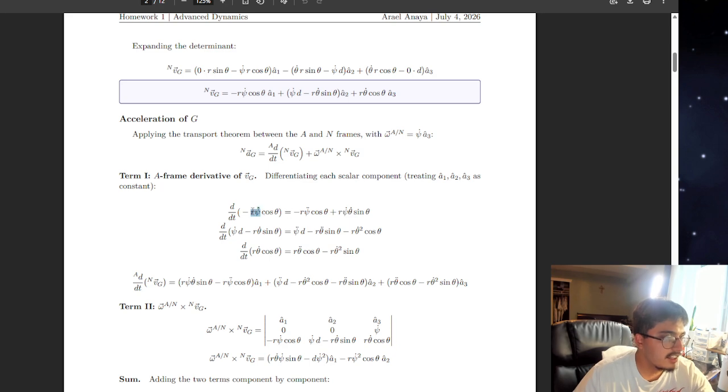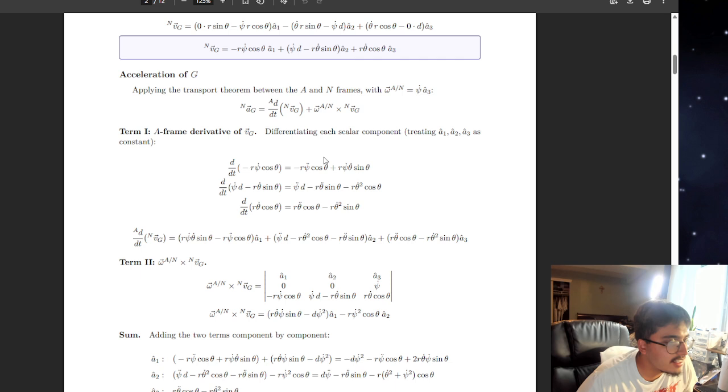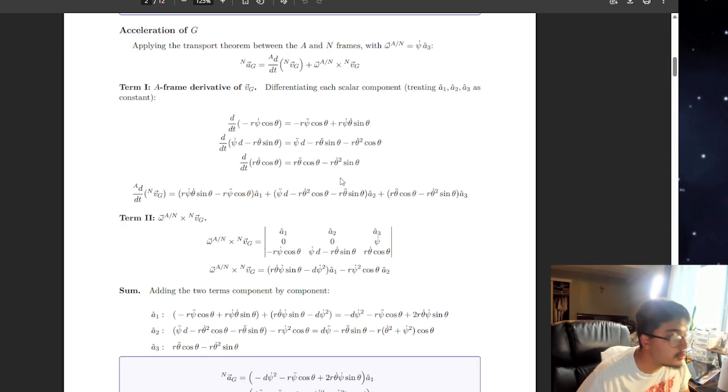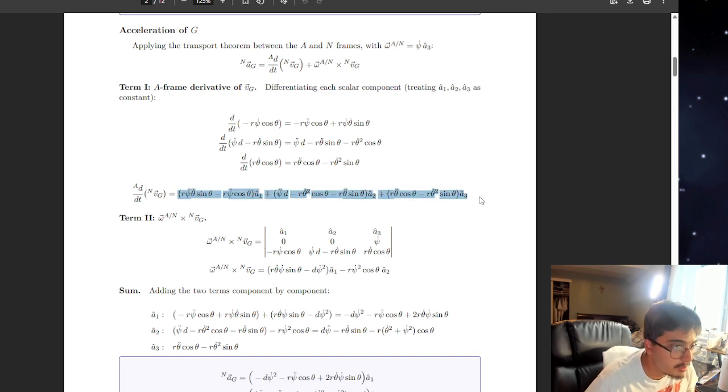So this yaw dot goes into yaw double dot, but then we also have to add the derivative of this component, which is the sine theta, and because of the chain rule, we multiply it by a theta dot. We end up doing that for all three components, and we end up with too many terms. This problem had too many terms. Ultimately what we find is that the time derivative of velocity is going to be this vector.